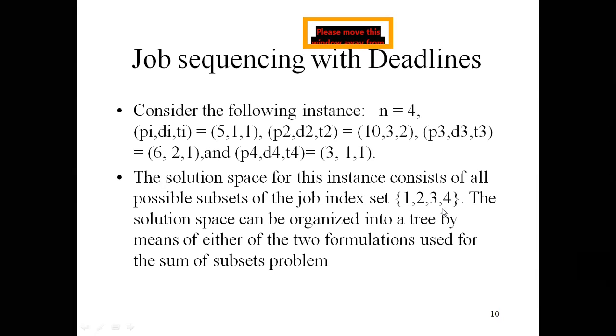We need to consider the state space tree and, based on that, find the minimum penalty, and with the minimum penalty, select the jobs. The solution space can be organized into a tree by means of either of the two formulations used for the sum of subsets problem.